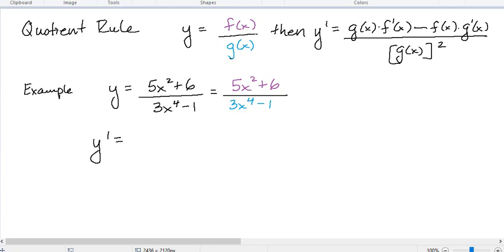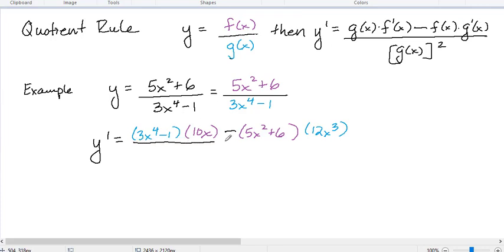So to take the derivative, g of x, regular denominator, 3x to the fourth minus 1, times the numerator function's derivative, which is 10x, take away, I'm right here, regular f, that's 5x squared plus 6, times the denominator's derivative, 12x cubed. So I've done this part all over the denominator function, whole thing squared.